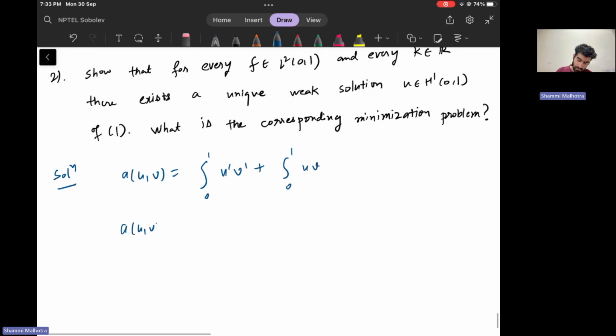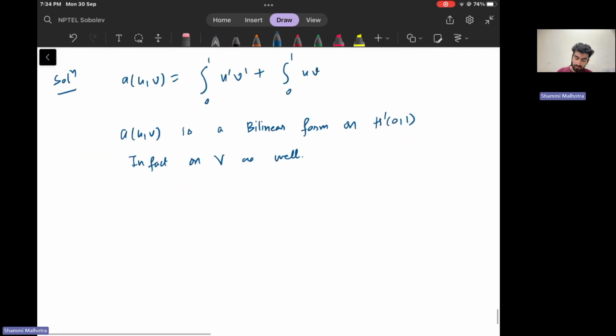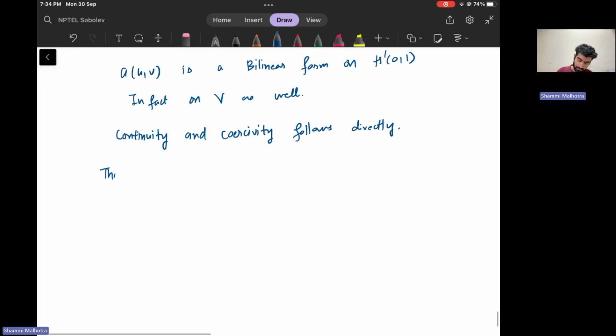So a(u,v) is a bilinear form on H^1(0,1), in fact on V as well, and continuity and coercivity follow directly.